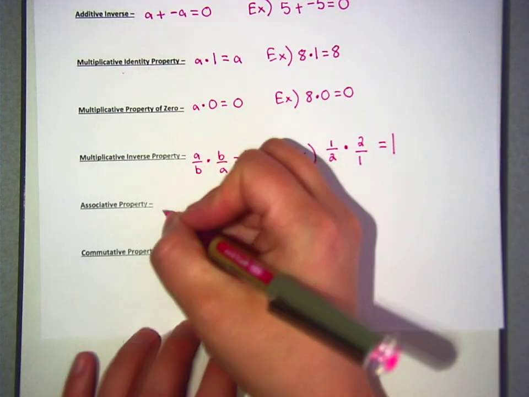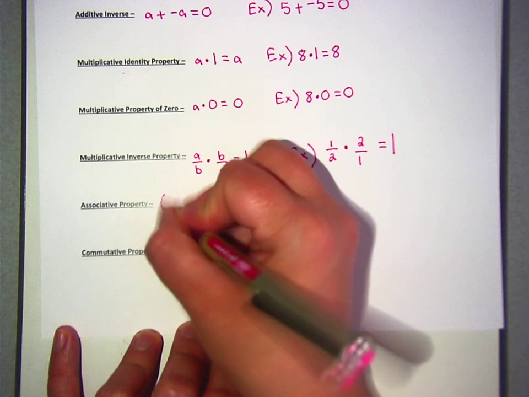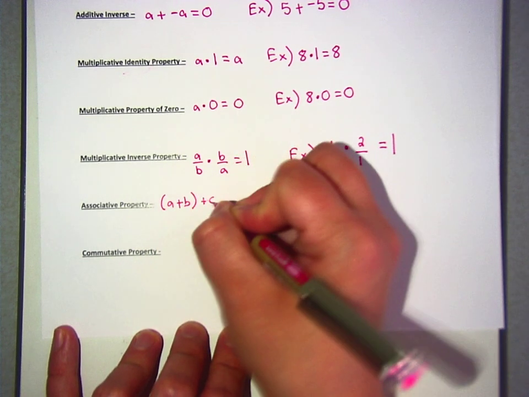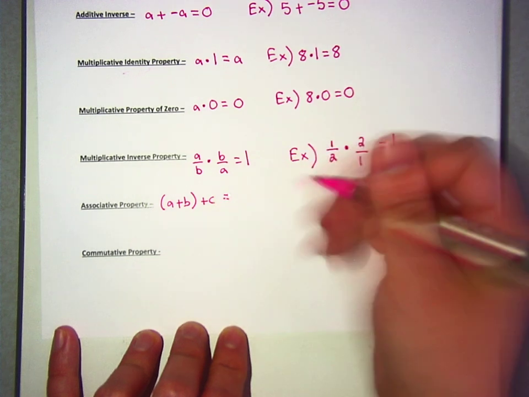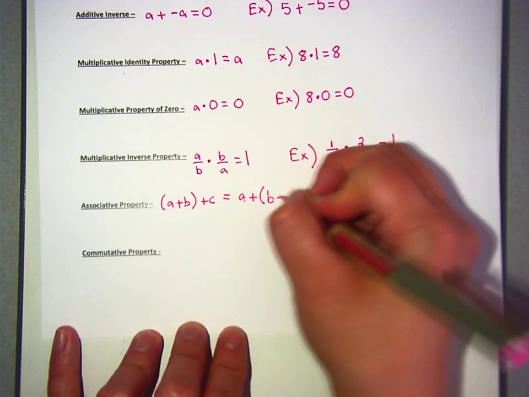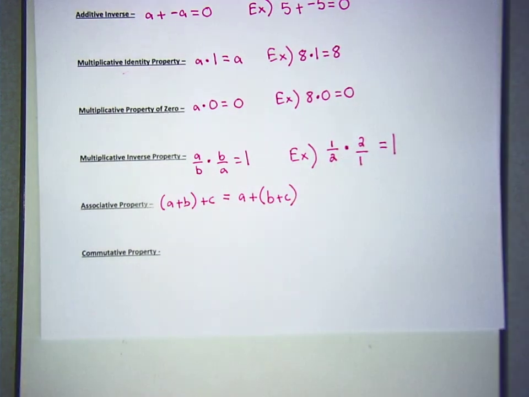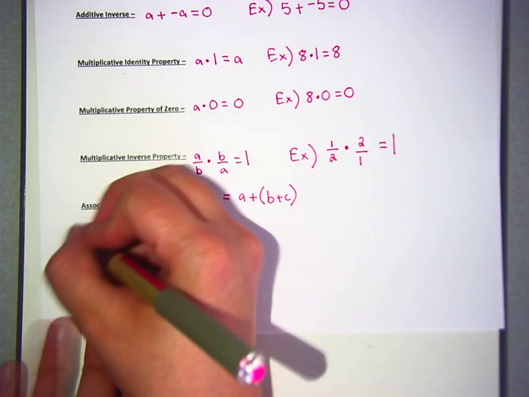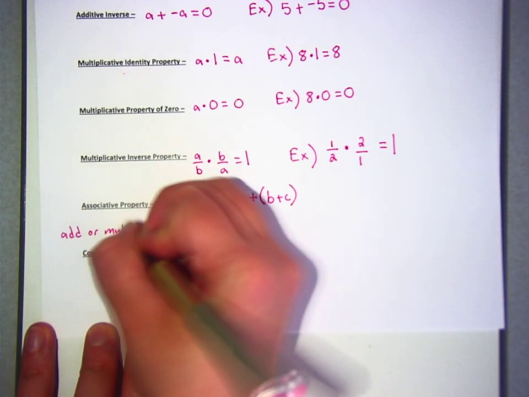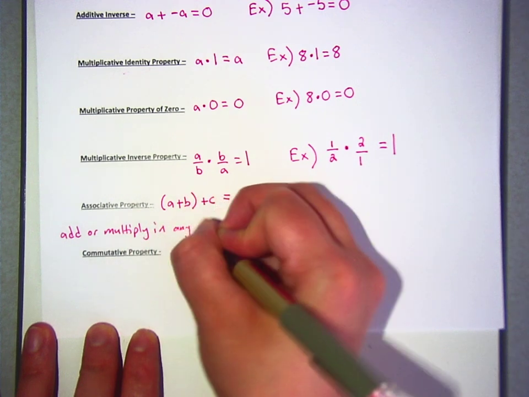The associative property says that if you take parentheses A plus B plus C, that equals A plus parentheses B plus C. Which means you can add or multiply in any order you like.